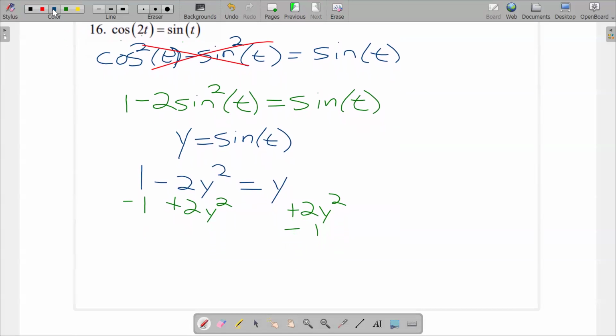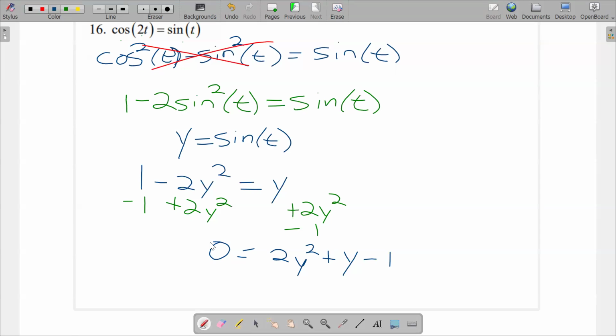And then putting those in order, I would write it as 2y squared plus y minus 1 equals 0. From here, I could either use the quadratic formula or I could try to factor it. Just for fun review, let's use the quadratic formula. This looks like it probably factors.